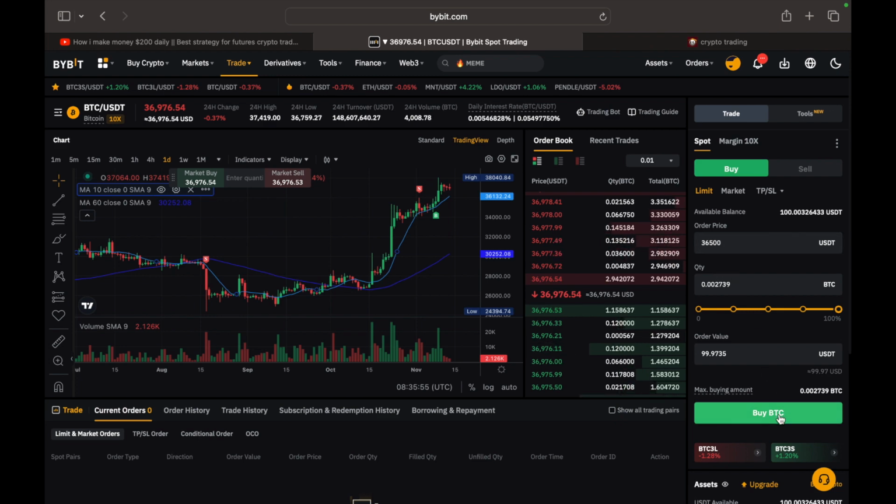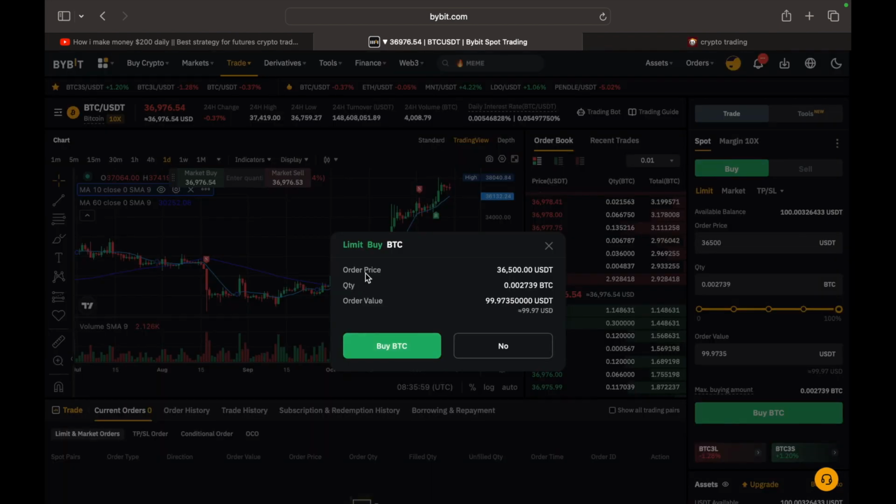Okay, so I'm going to go ahead and click buy. Right here you can see that it is telling me that your order price is 36,500. So if the price of Bitcoin drops from 36,900 to 36,500, this order is going to be executed, and I'm going to get this amount of Bitcoin, which is 0.002739 worth of BTC, and this is my order value in US dollars.